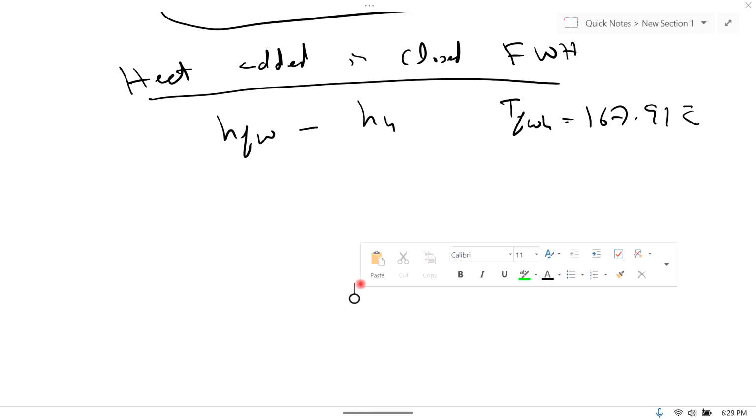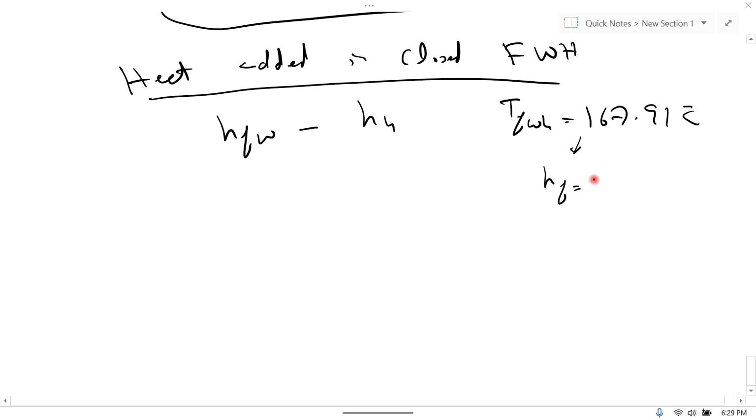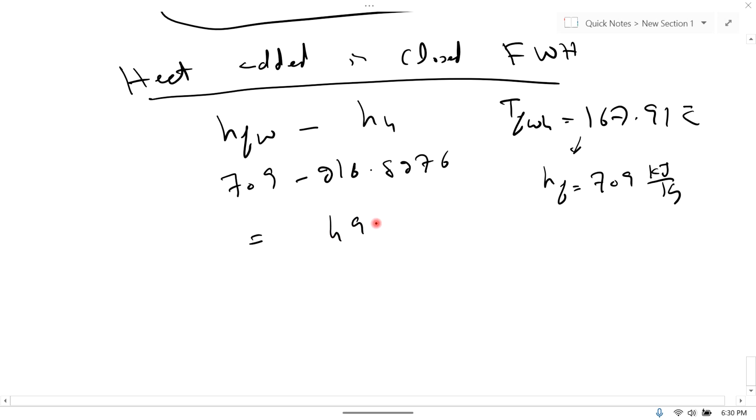At this point, enthalpy HF is equal to 709 kilojoule per kg. So heat added is 709 minus 216.8276. So heat added in closed feedwater heater will be equal to 492.17 kilojoule per kg.